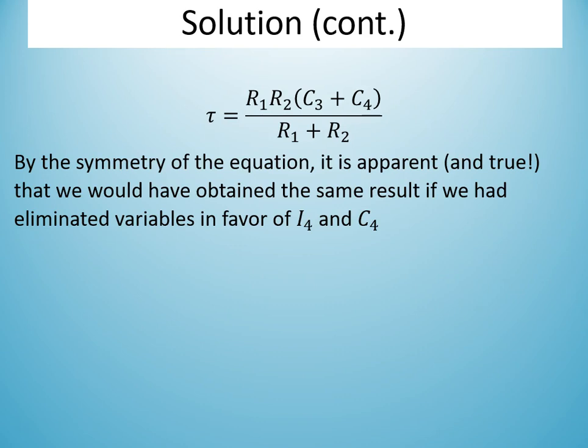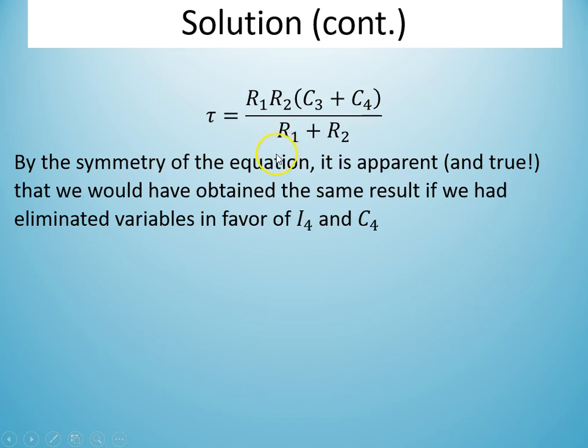Well, it should be apparent, and it is true, that we would have obtained exactly the same result if earlier on we had eliminated variables and tried to solve for I4 instead of I3 and C4 instead of C3. Because, look, just exchange capacitors 3 and 4 and exchange resistors 1 and 2.